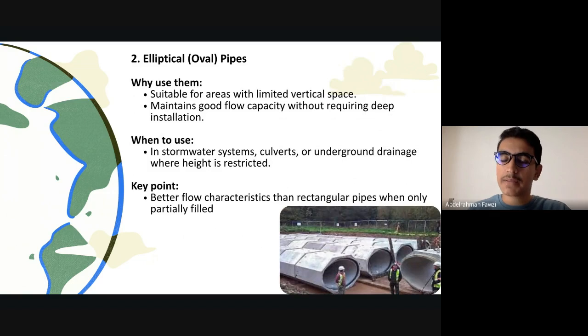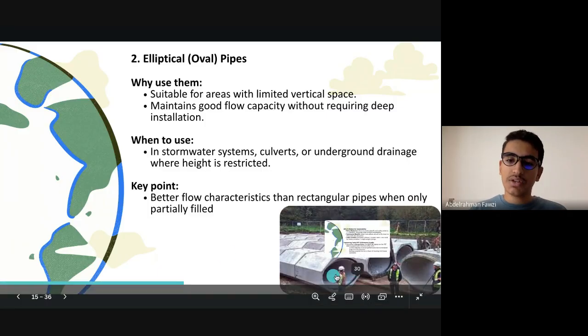Now we have the elliptical pipes. Elliptical pipes are very similar to the circular pipes, but with the elliptical shape. Why is that? Because sometimes you don't have enough area. So, for example, you don't want to dig deep under the ground and put your pipes. So you're gonna use this configuration.